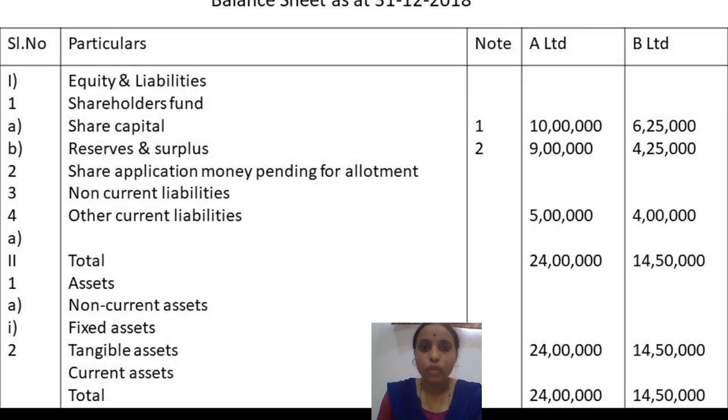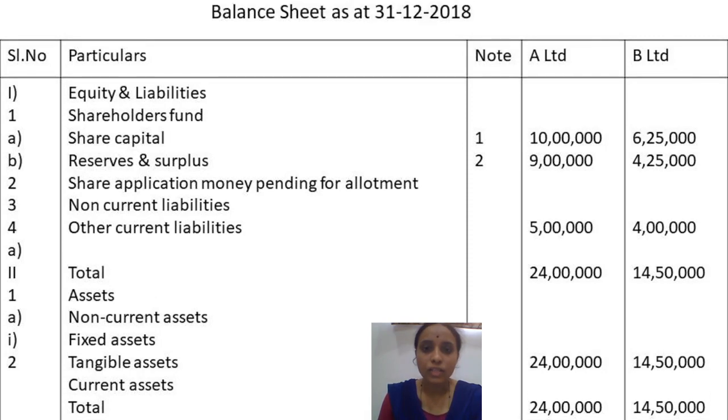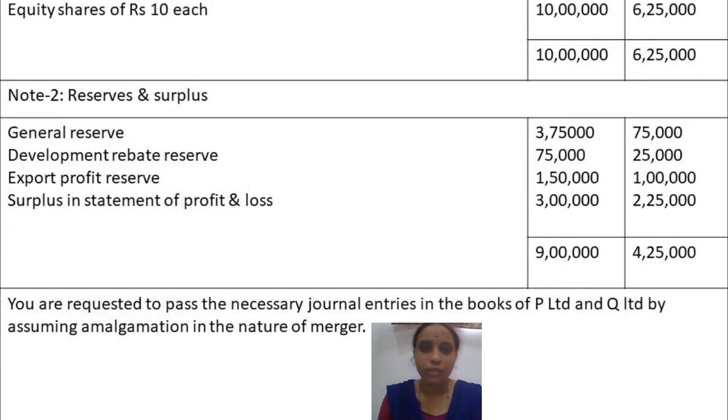So the total of liability side is 24 lakh of A Limited and 14 lakh 50,000 of B Limited. Then there are assets also. Here we have the tangible assets and current assets. The total of assets side is 24 lakh of A Limited and 14 lakh 50,000 of B Limited. This is given.